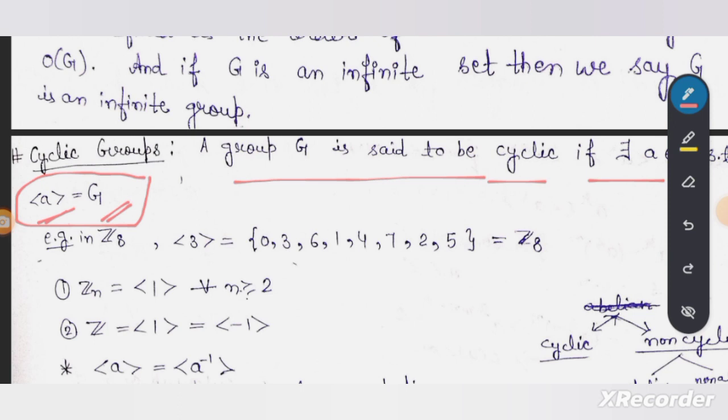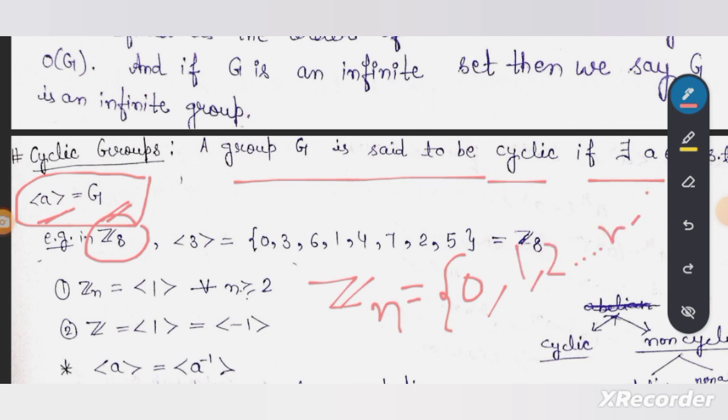For example, in Z8, you must be aware of what Z8 is. Let me remind you what Zn is. Zn is basically the set 0, 1, 2 up to n minus 1.